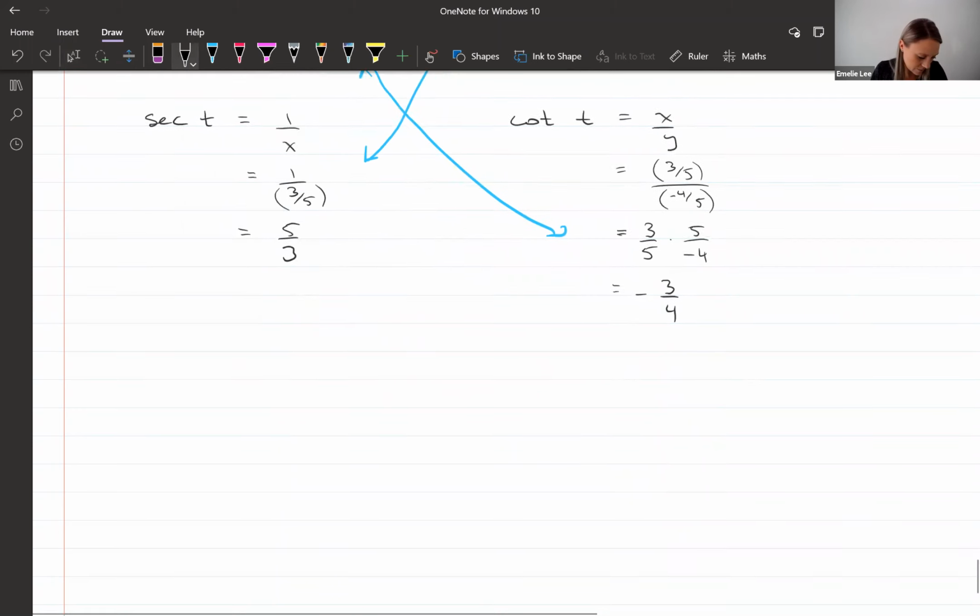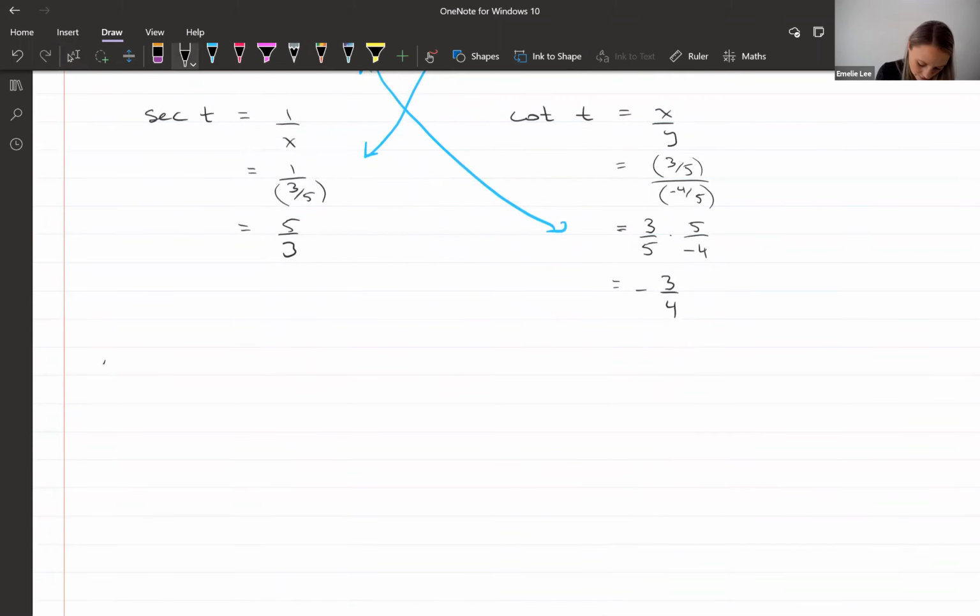Let's see here. Another thing that we could do is rewrite a trig function in terms of another trig function.